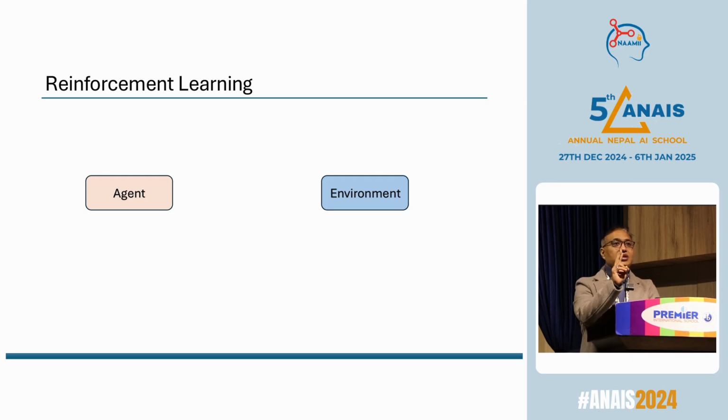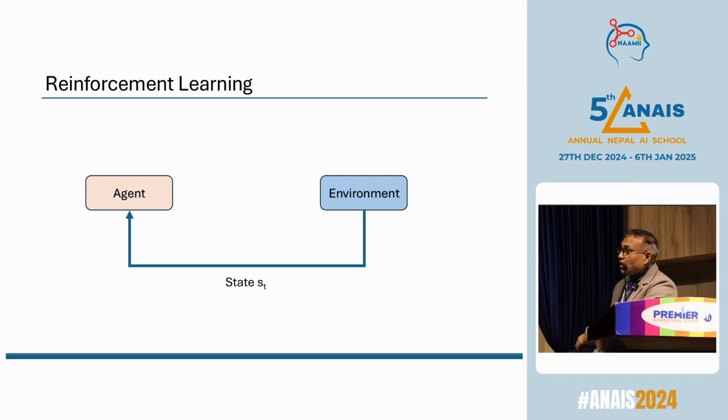In reinforcement learning, there are two components that interact together. One is what we call the agent, and the other one is the environment. The environment provides the state information, or the observation, let's say, to the agent.